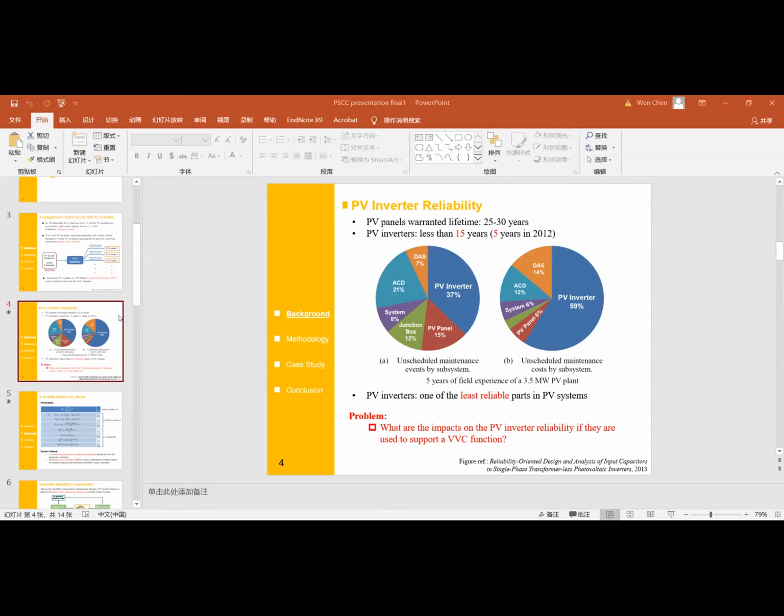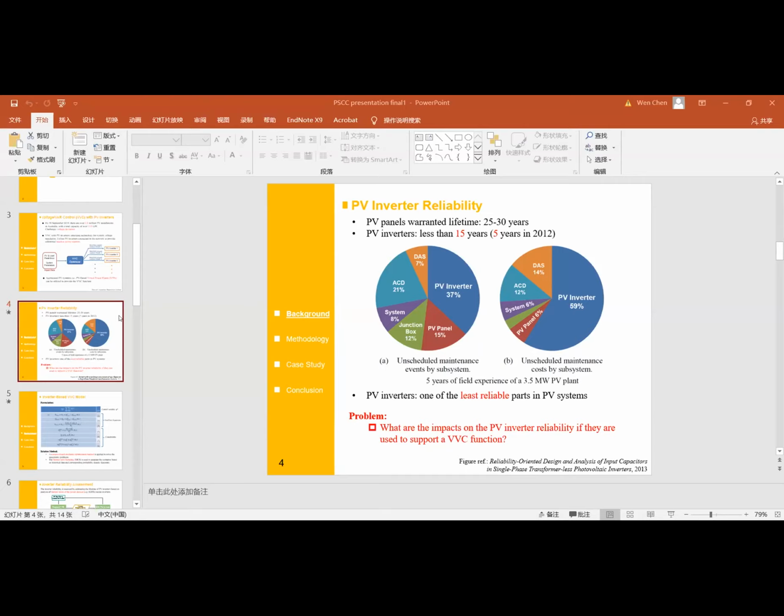Okay. And is there any historical data for that, for analyzing reliability? Because for PV systems, we don't have a very long history of applications, so maybe we only have like 10 years of data. Is there any reliable database for the reliability assessment?